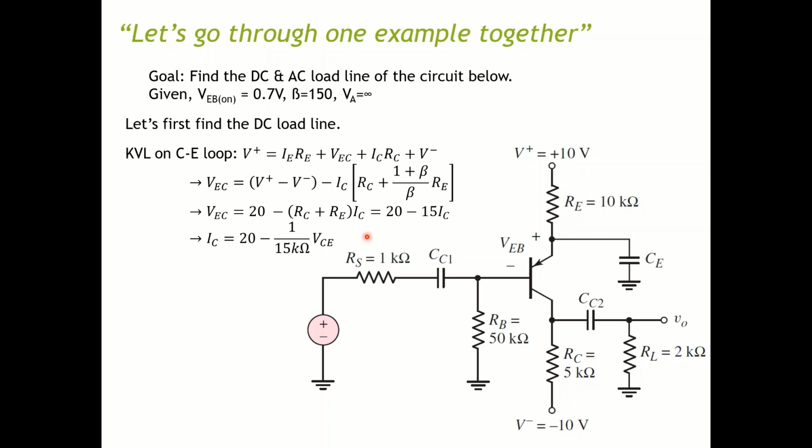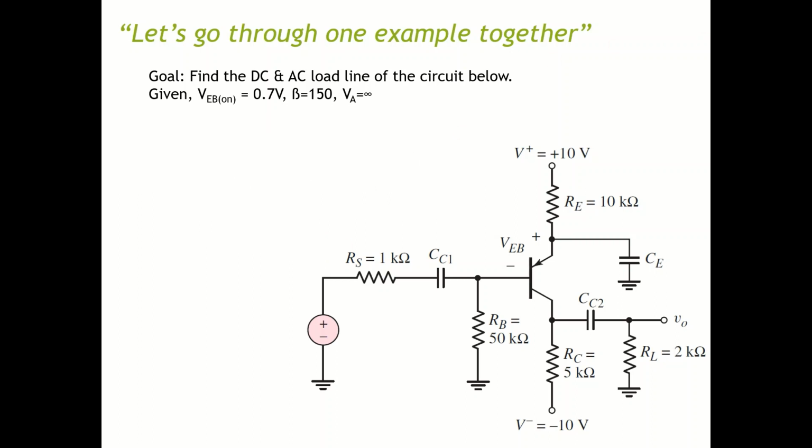Now we do some magical arrangement to have VEC. We did that before, but what I want to point out here is we basically replace IE with (1 plus beta) over beta times IC. Then we estimate this whole term to be 1 so that we can have this equation here. We plug in the numbers for RC and RE to have VEC equal 20 minus 15 IC. Then we can have the load line equation of IC equal 20 over 15 minus 1 over 15 multiplied by VEC.